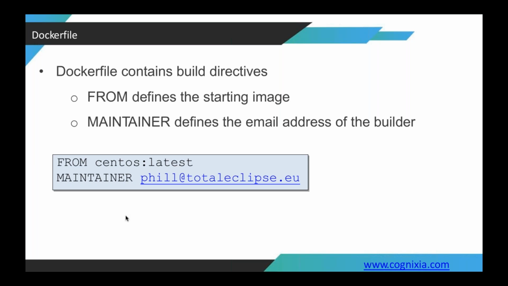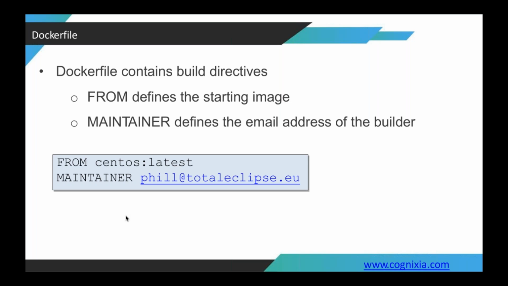Another thing is you need to use a base image from which you are going to create your image. You specify the FROM keyword to specify which base image you want to use. In this case we are using the CentOS image as our base image, so we specify centos:latest.